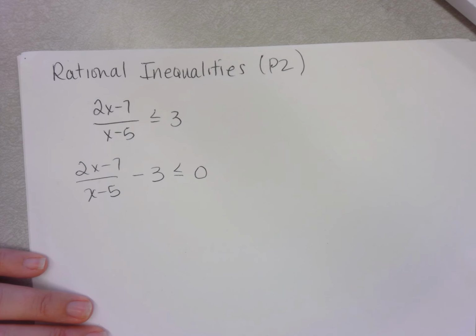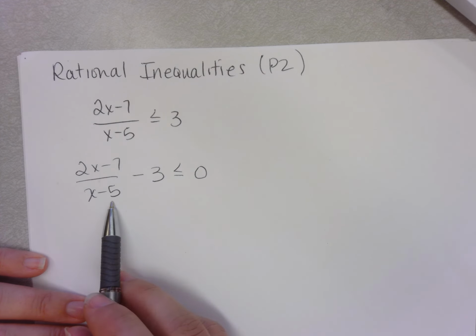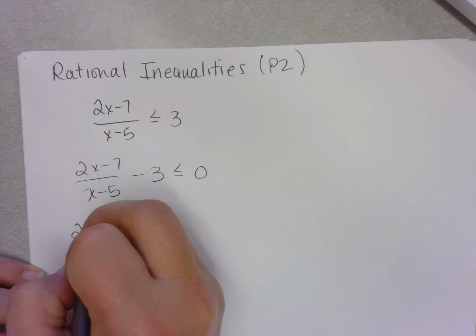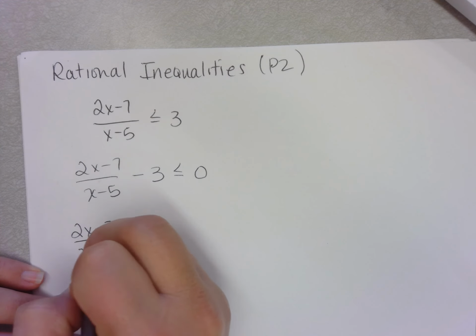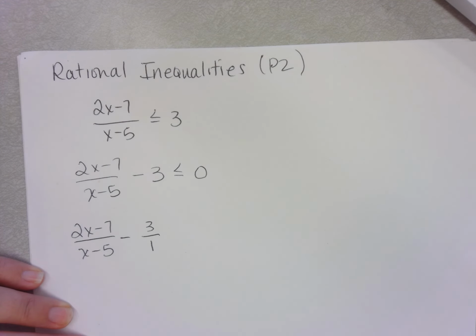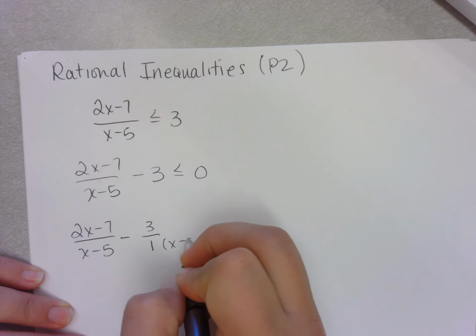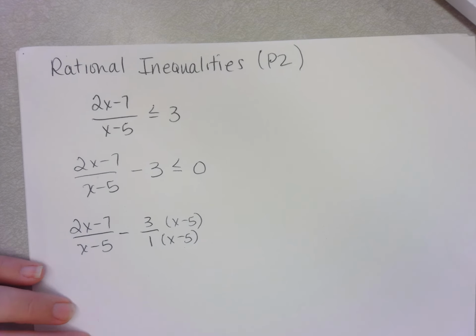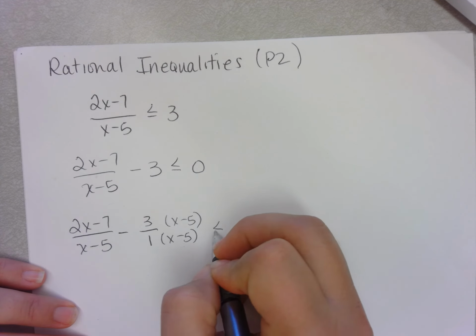The only denominator that I actually have is x minus 5, so this is the denominator that I want, and this piece already has it. Now I want to think of 3 as 3 over 1, so I need it to have this x minus 5 on the bottom. So of course I multiply both the top and the bottom by x minus 5, because it's like multiplying by 1, and this is less than or equal to 0.